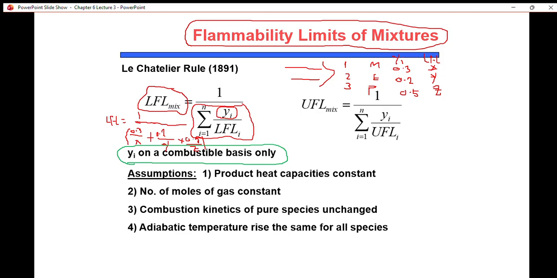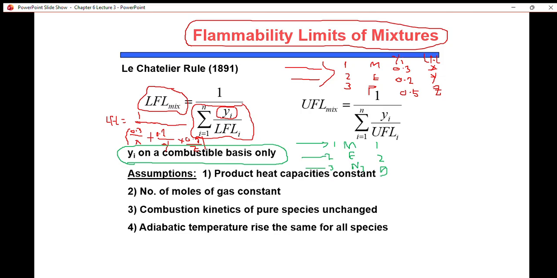Let's say I have a gas stream with component 1, methane, component 2, ethane, and component 3, nitrogen. Let's say I'm talking about number of moles: 1, 2, and 5.